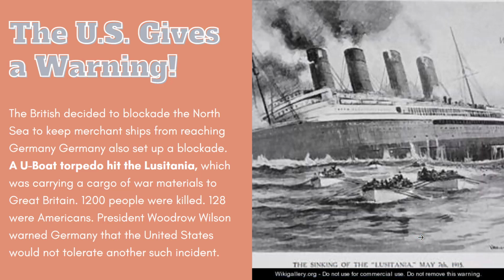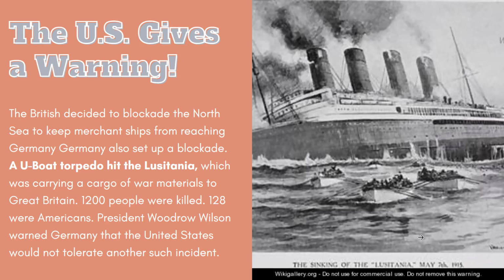Now, Germany did something. The British decided to issue a blockade of merchant ships which were providing materials to Germany. But Germany also set up a blockade against Great Britain, so that they wouldn't get war materials either.